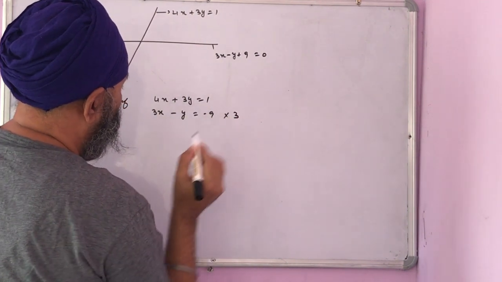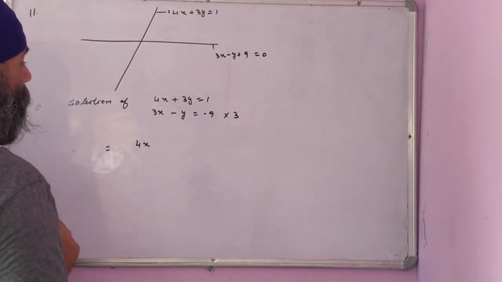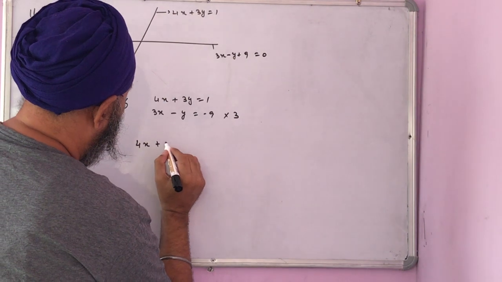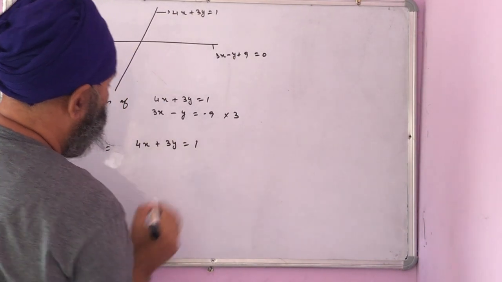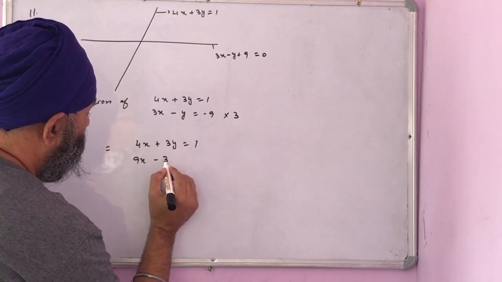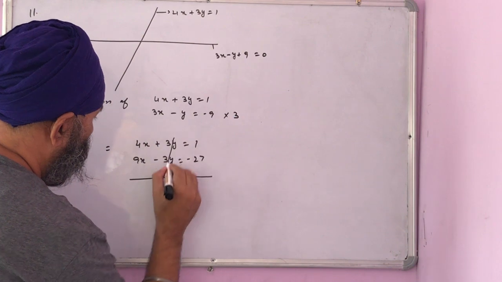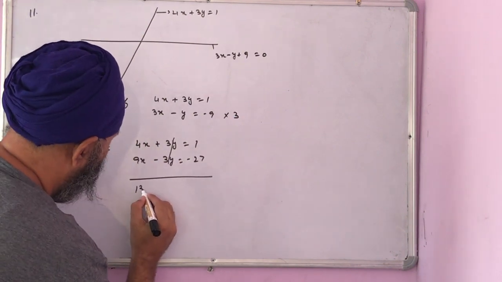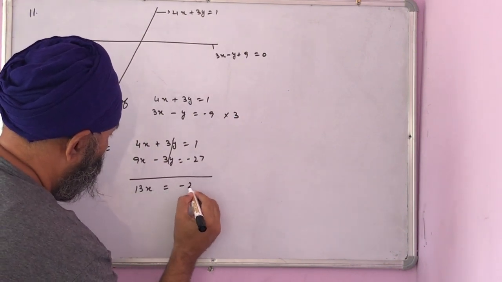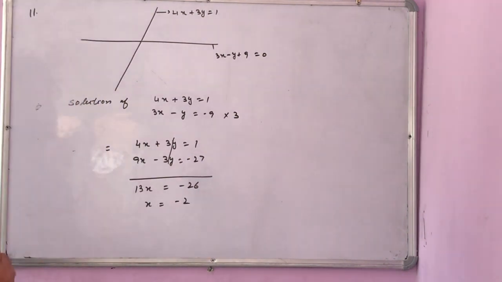Multiply the second equation by 3, then find the values of x and y. 4x plus 3y equal to 1, and 3 into 3 is 9x minus 3y equal to minus 27. Adding, 13x is equal to minus 26, so x is equal to minus 2.